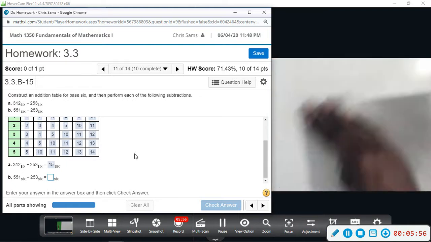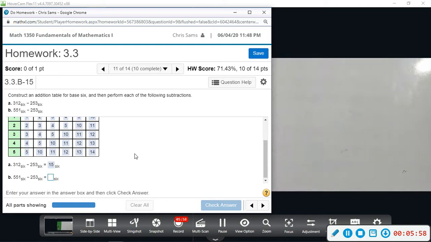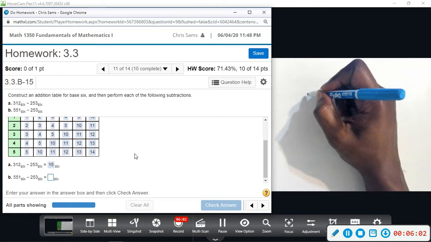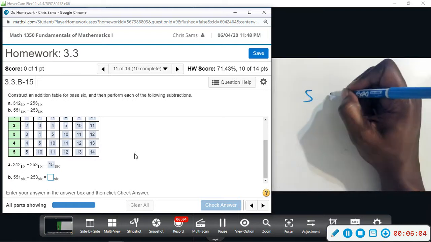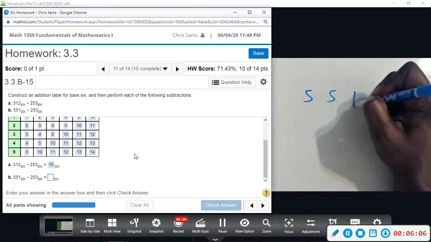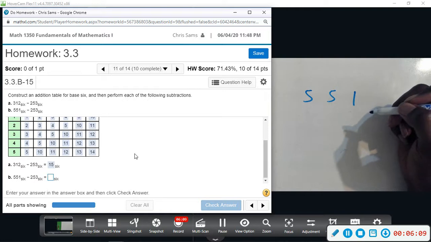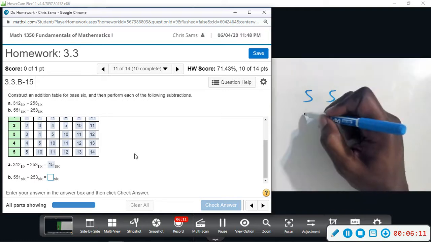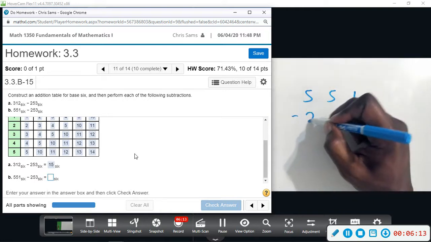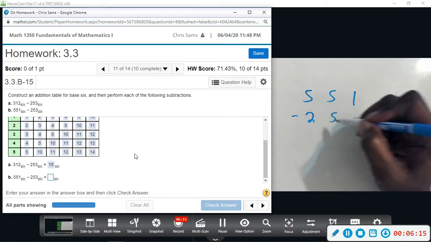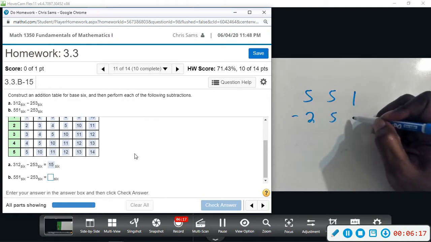Okay. I like doing it just using the numbers and understanding base 6. So I'm going to do this one different. 5, 5, 1, and then we're going to subtract 2, 5, 3.